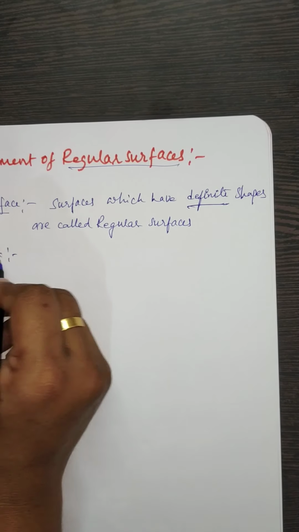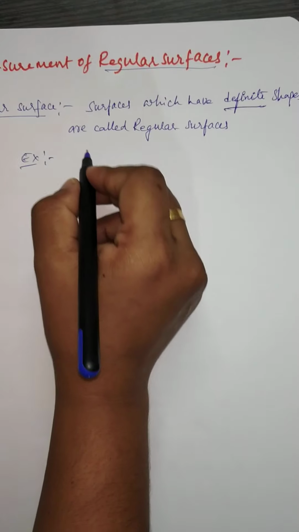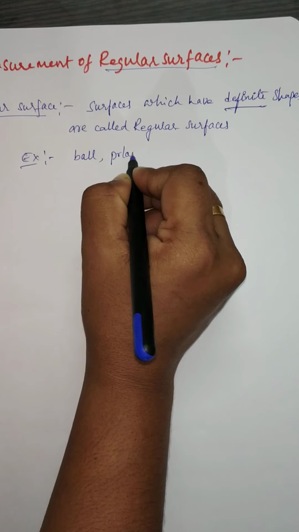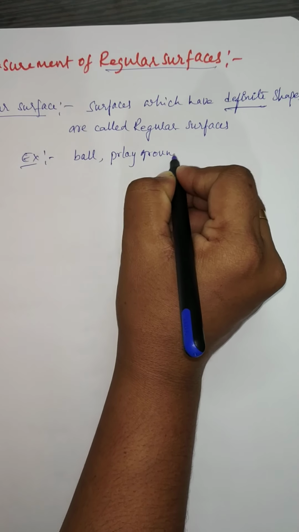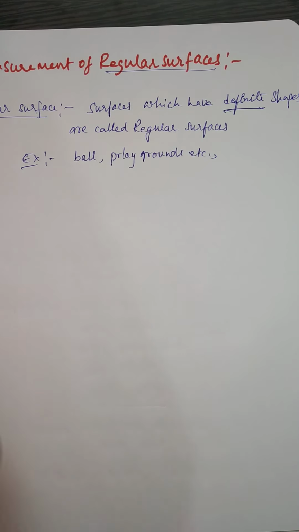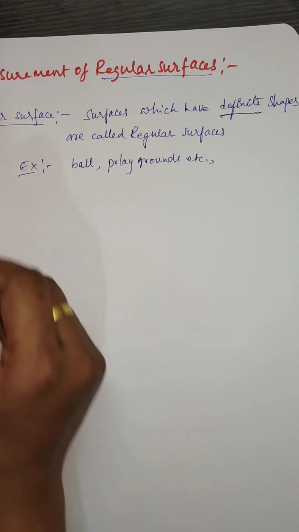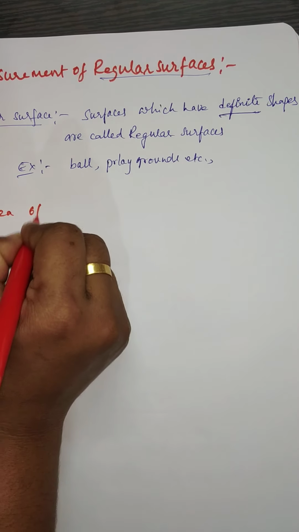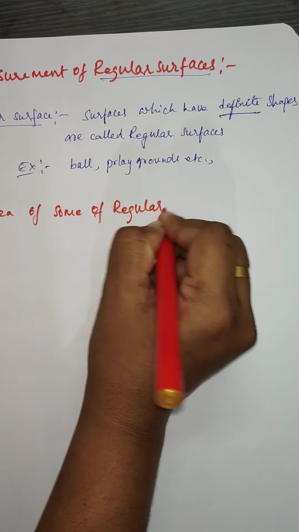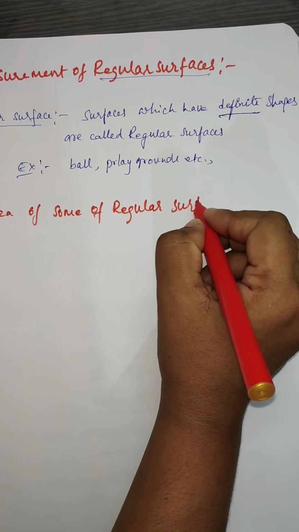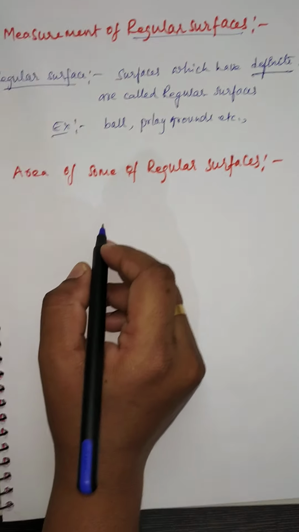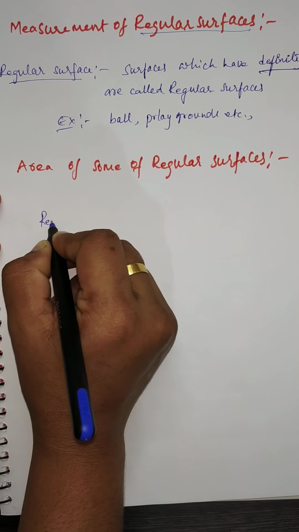For example, ball, playgrounds, etc. Now we are going to know the area of some regular surfaces. First one is rectangle.